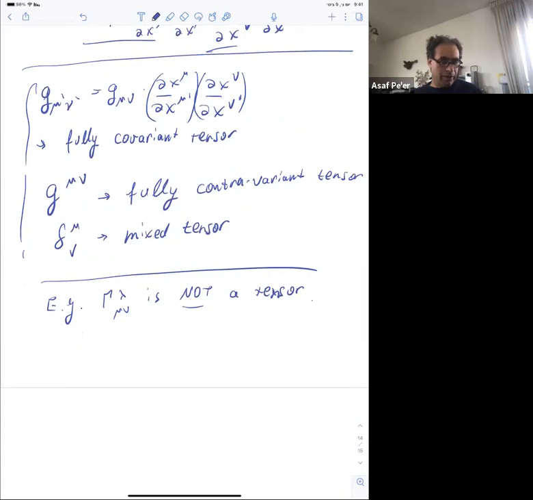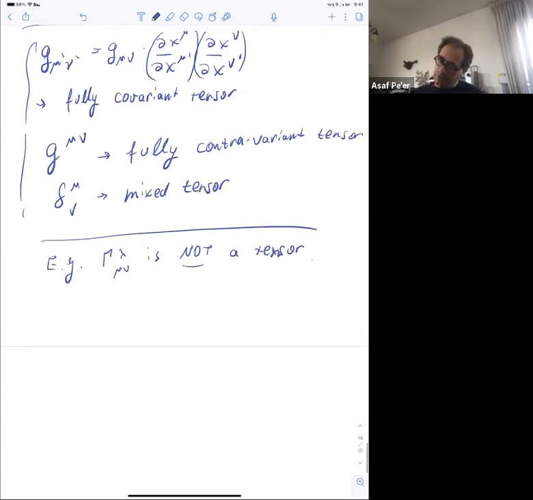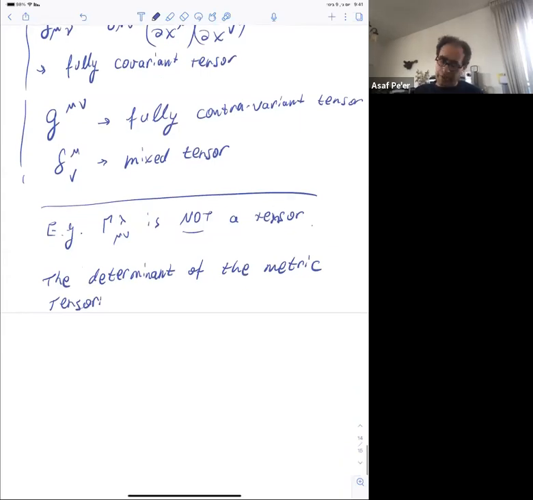All right. So another very important example of a non-tensor quantity is the determinant of the metric tensor. G is defined as minus the determinant of G mu nu.